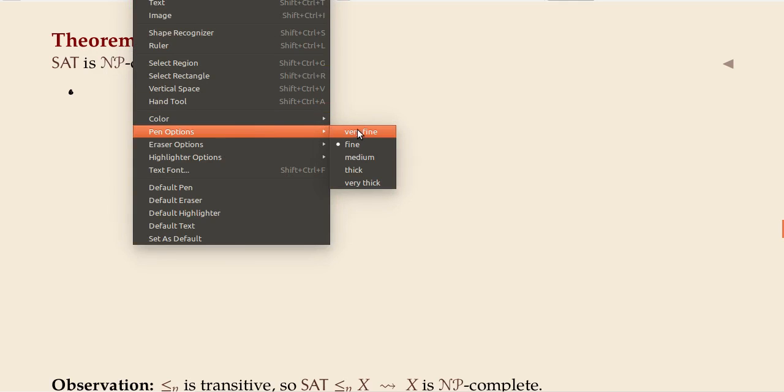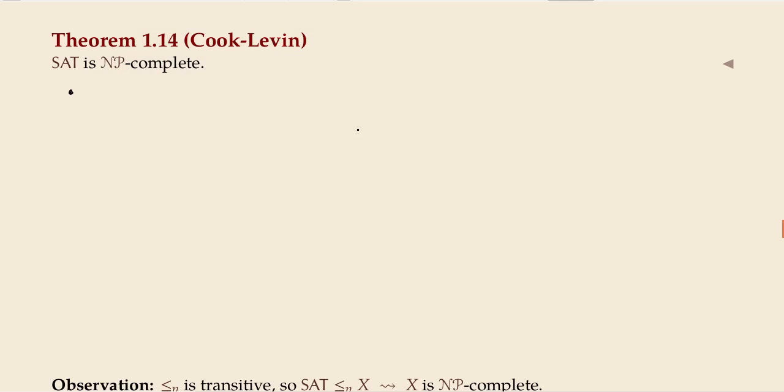Let me pick this fine pen again. To show that SAT is in NP, it's convenient to recall that we have this class VP. That was the problems for which there is a verifier. And then the certificate for a formula that's satisfiable is just a satisfying assignment. And if we are given an assignment for all the variables, it's easy to evaluate the formula.